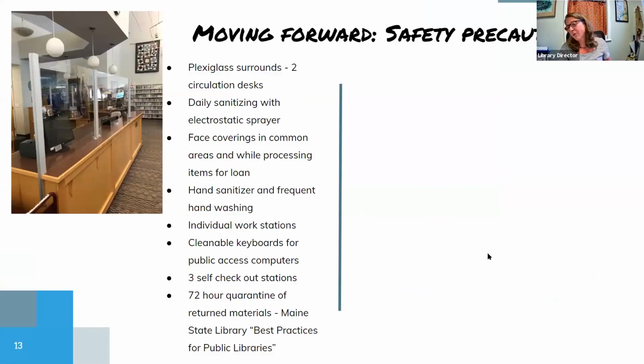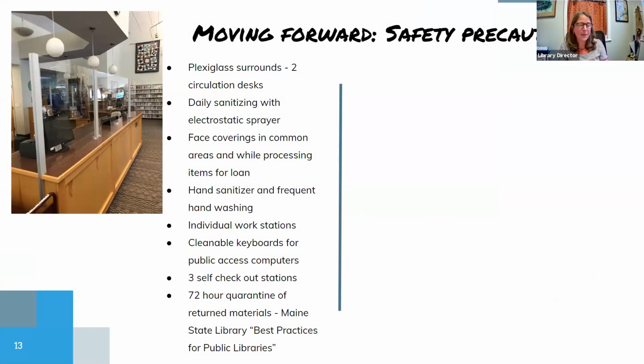So safety precautions, what have we done so far? So right now we have plexiglass surrounds around both circulation desks. Wes is in here every morning sanitizing with the electrostatic sprayer. We're all wearing face coverings when we're in the common areas, as well as when we're processing things for loan, not just our patrons, but for interlibrary loan.